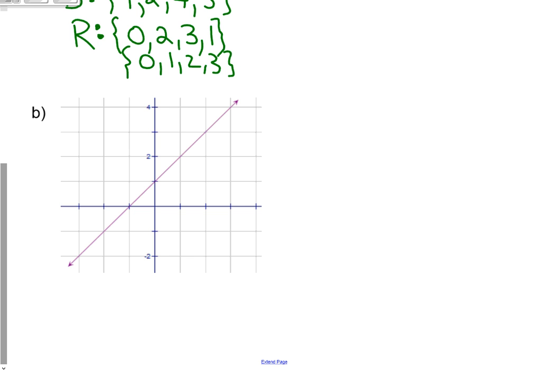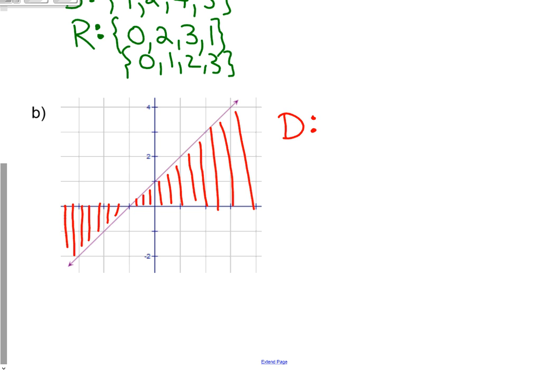So when we talk about inputs of a linear line, so our domain, if we picked a point off of this line, there's actually infinitely many points, right? There's all these points that lead to our x-axis. So it's almost like shading. And we can see that this goes on forever in either direction.